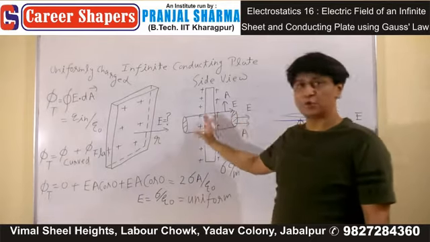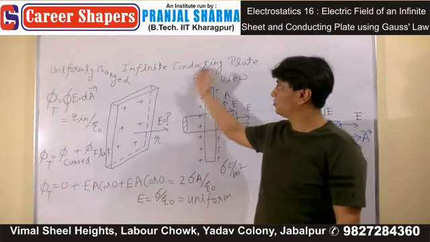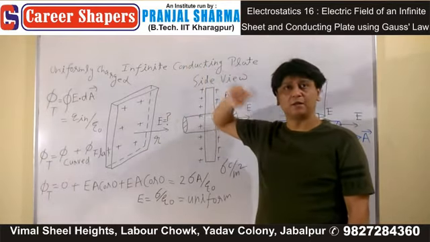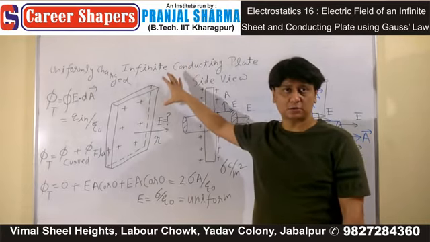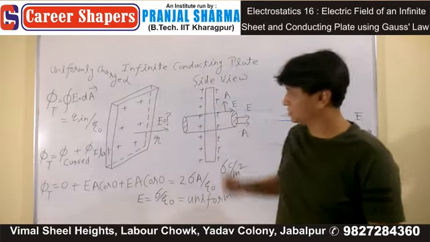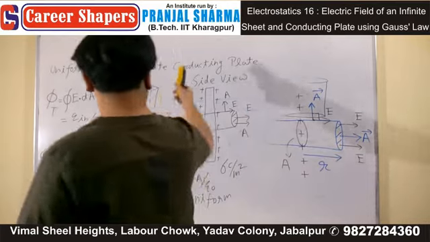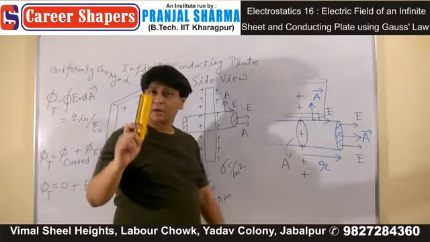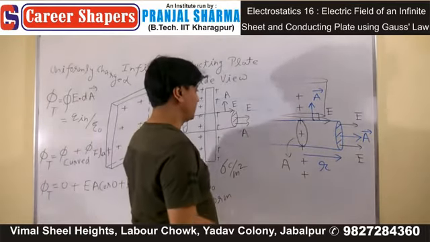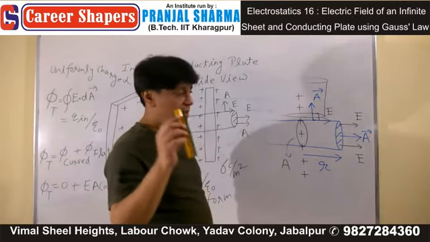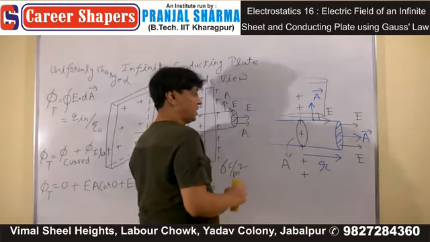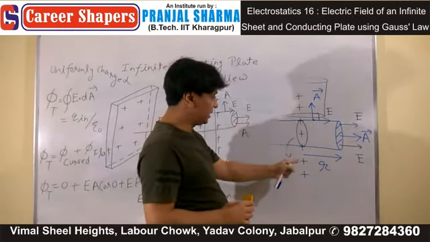This was the electric field of an infinite conducting plate directly using Gauss. Now write down the electric field of an infinite plate with the help of the electric field of an infinite sheet.